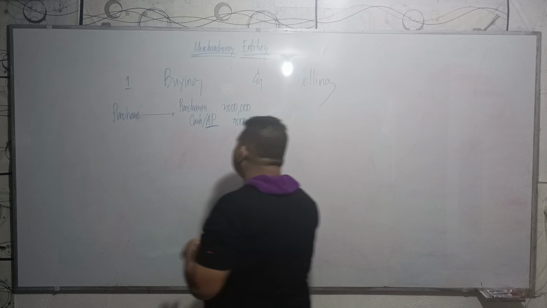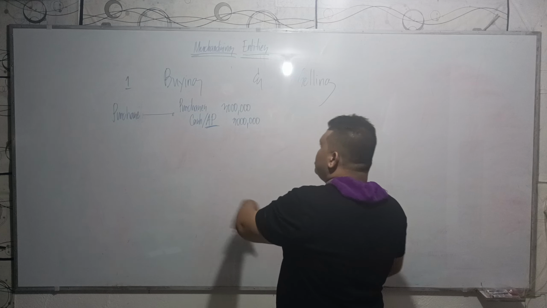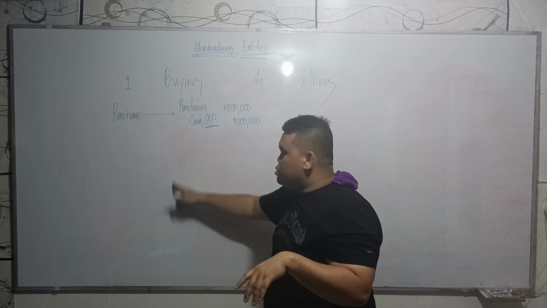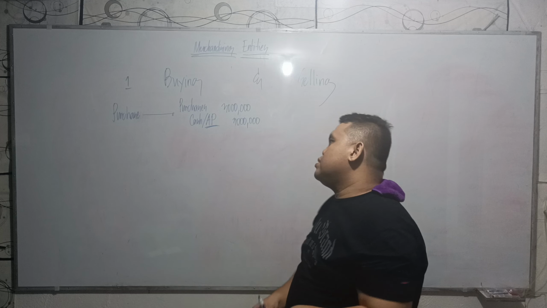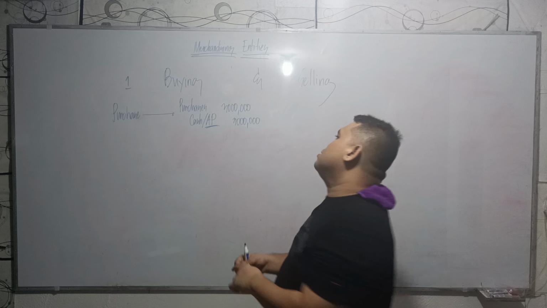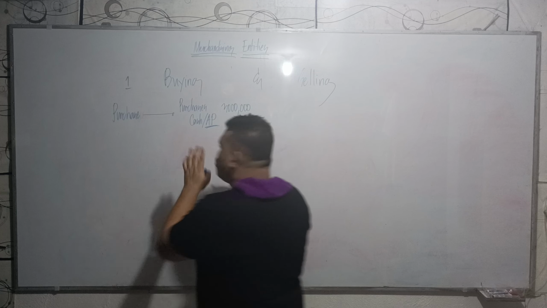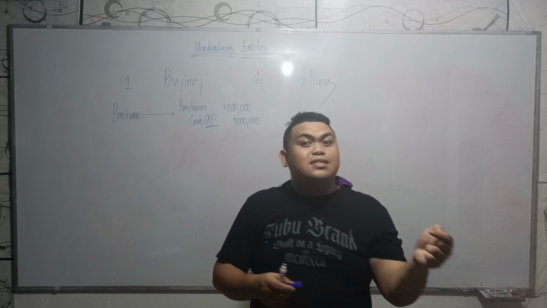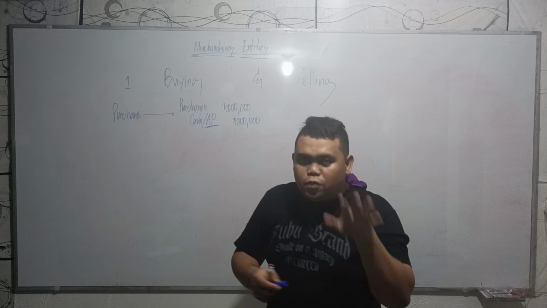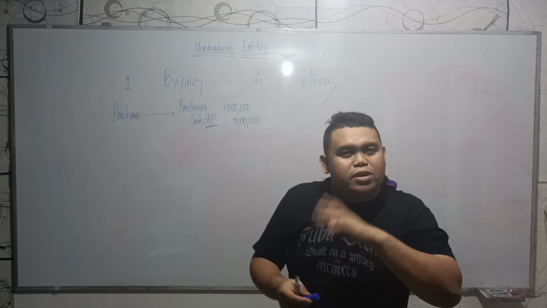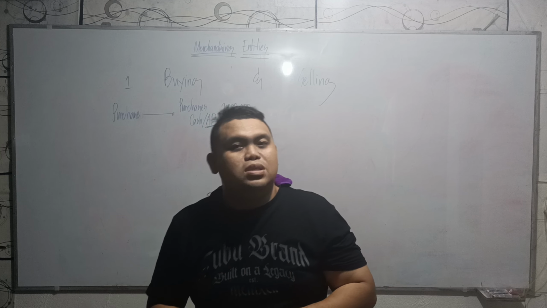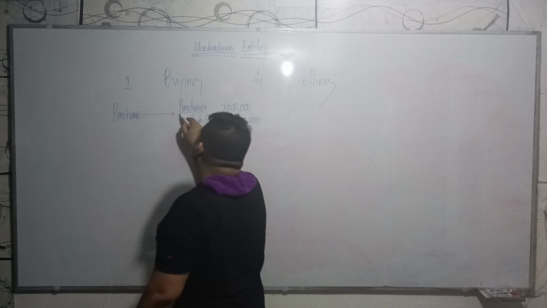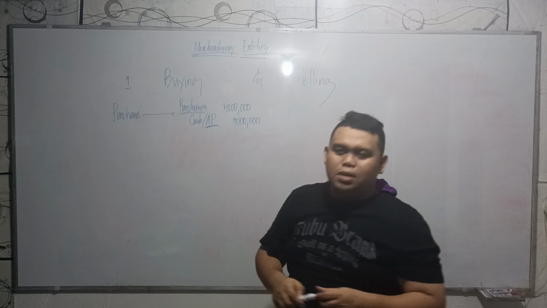Okay, so that's the normal entry for purchasing. However, this is not as easy as it is, because I still have some twists later related to being a purchaser. Before we go to that, let's talk about these accounts. Of course, you know the account title cash already. That is an asset, right? And accounts payable is a liability account, a current liability account, if you can still remember. The question is, what is this account, purchases?